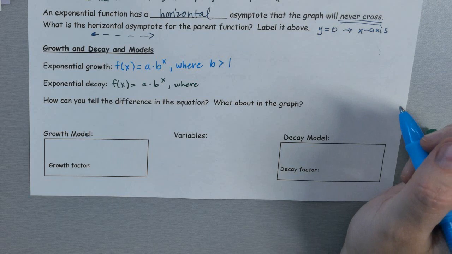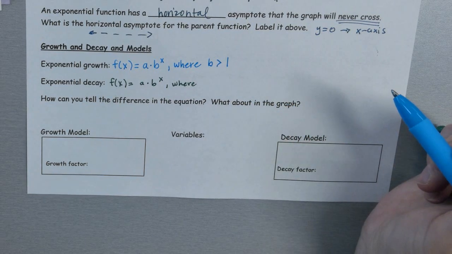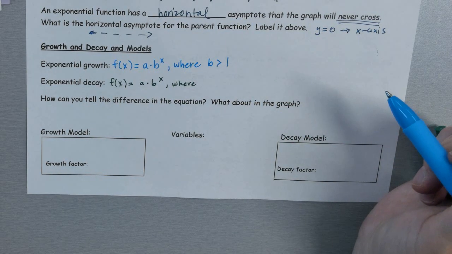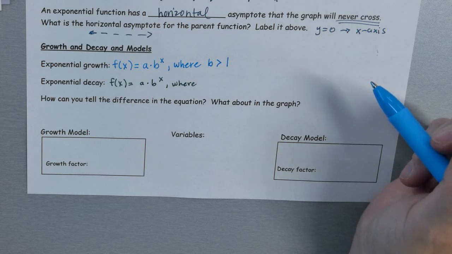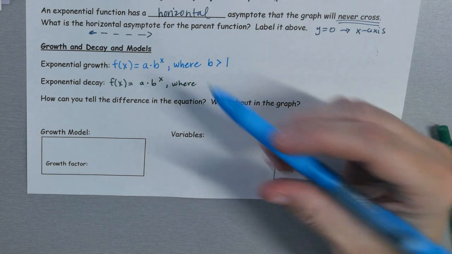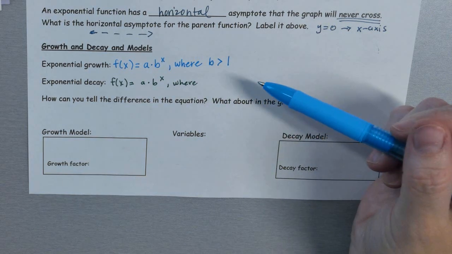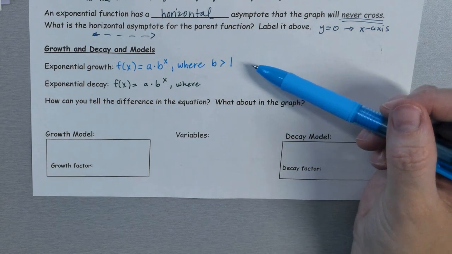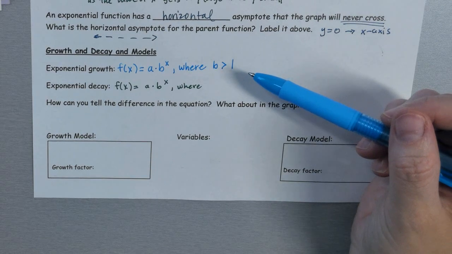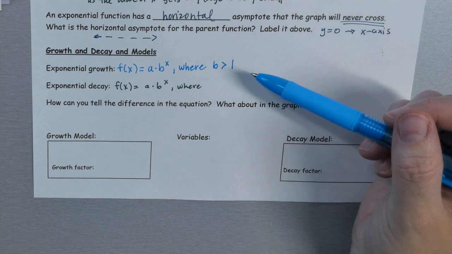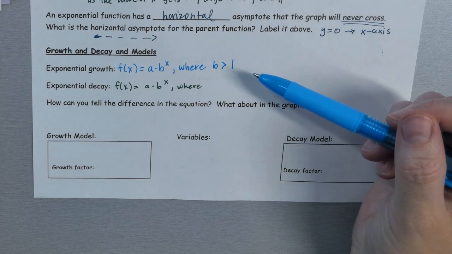Yep, good. For the exponential decay, what do you guys think it's going to be? 1. Yes, I knew you would think that, but that is not true. So, but that's very common to think, right? We think decay, it has to be negative, but that's not true. Things can grow very large in the negative direction. For example, the national debt, right?